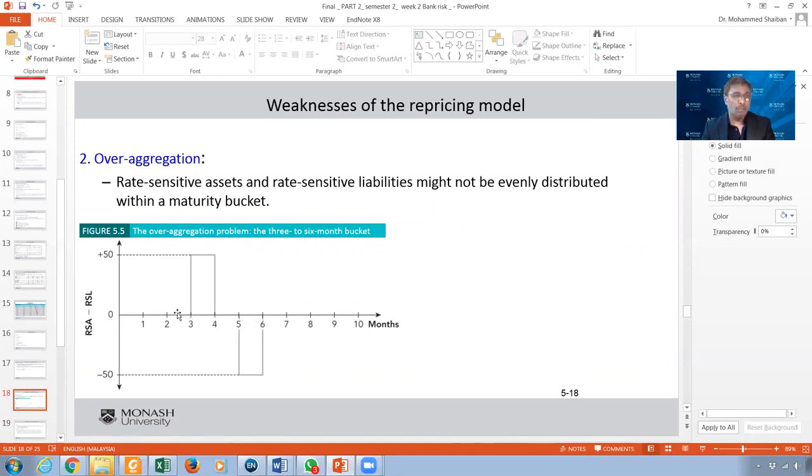While actually during the months, if there are changes, because of these maturity horizons, it doesn't take into consideration what's happening in the months. This is what we call over aggregation, which means they don't look, I have a positive gap, a positive gap, a negative gap, a negative gap. If you add them all up, I am at 0 gap, which actually does not reflect the facts.